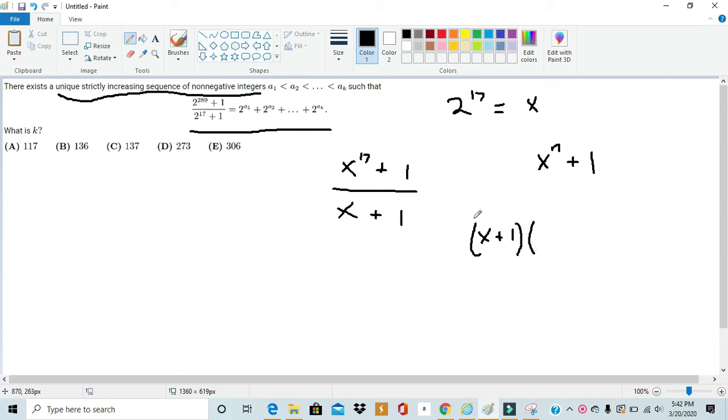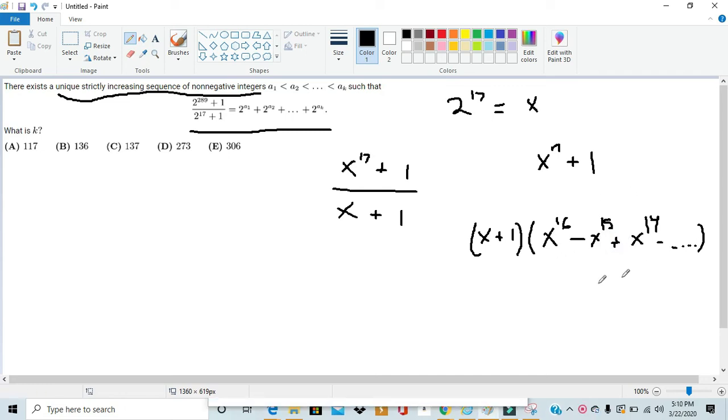In this case, it would be x to the 16th minus x to the 15th plus x to the 14th minus, and you get the idea. It'll go on like that. And we see that this works because if we FOIL this out, weird terms will get cancelled out because of the minuses and pluses that are in the equation.